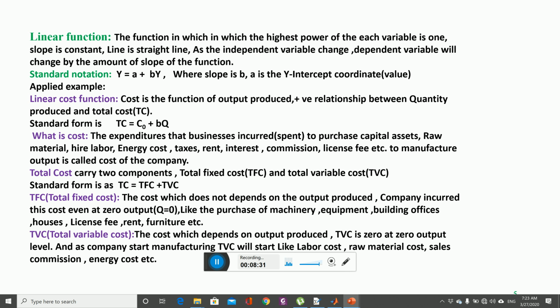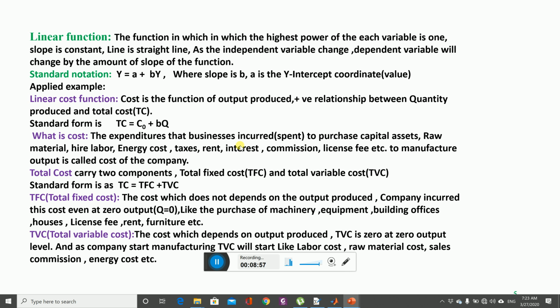To solve a cost function mathematical problem, let me discuss with you the basic concepts of total cost. Cost is actually the expenditures that businesses incur, spend to purchase capital assets, raw material, hire labor, energy cost, taxes, rent, interest, commission, license fee. These are all the expenditures that a businessman spends to manufacture output.